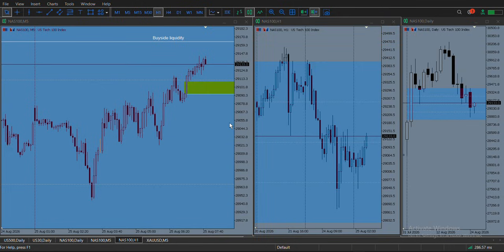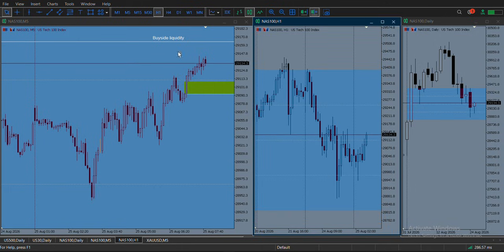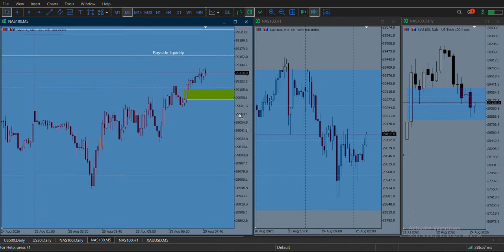So the process that I've gone through here of determining these points in price action on the daily chart and the liquidity pools on the 15-minute chart, that's what I do.